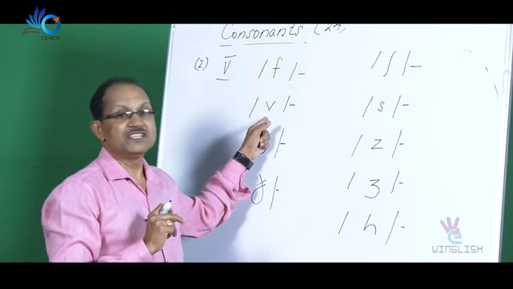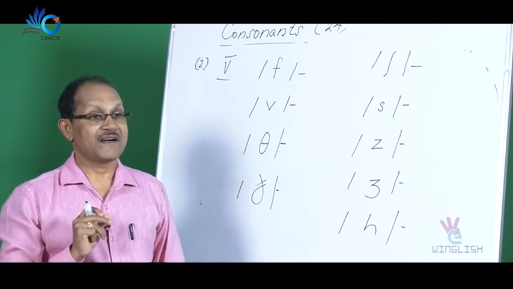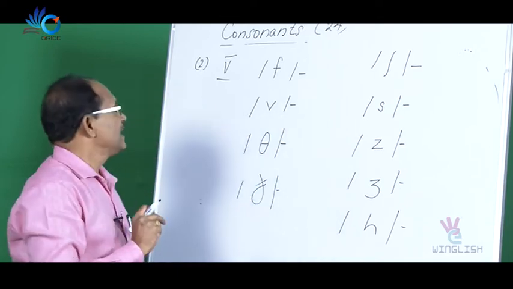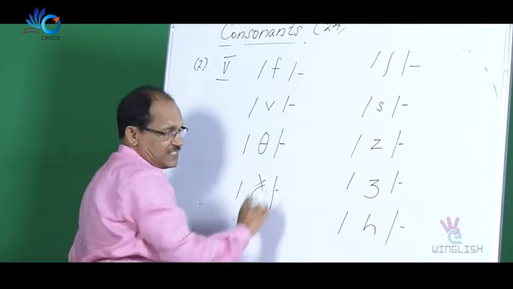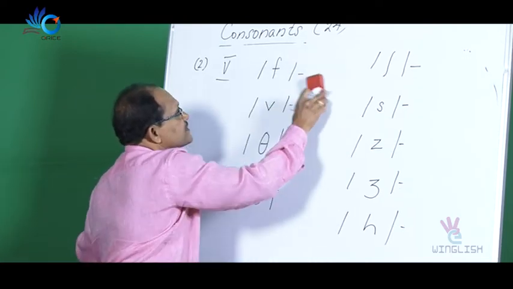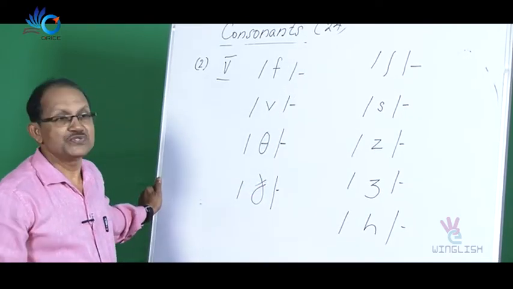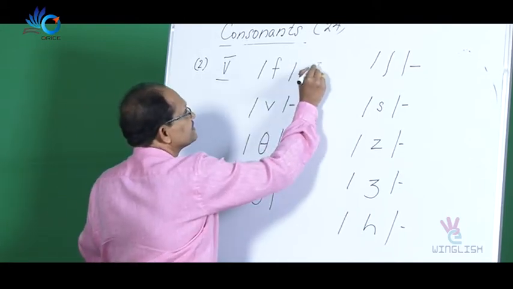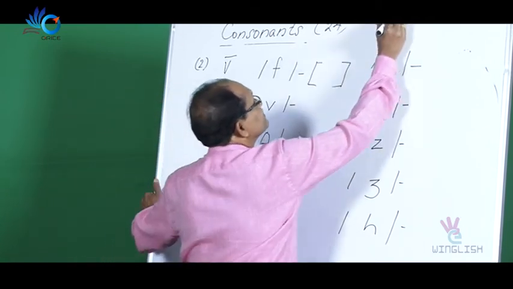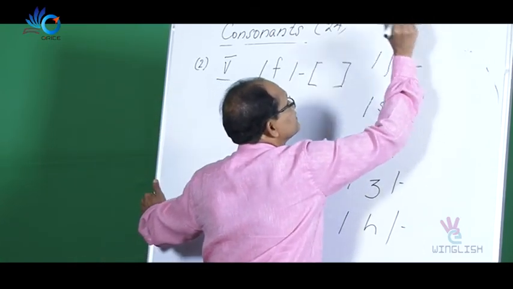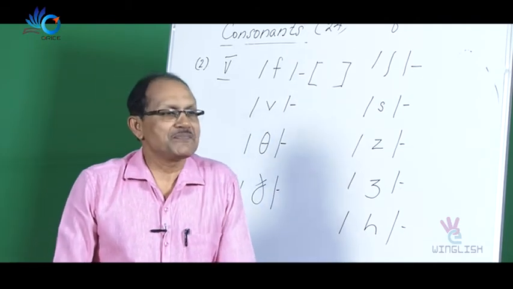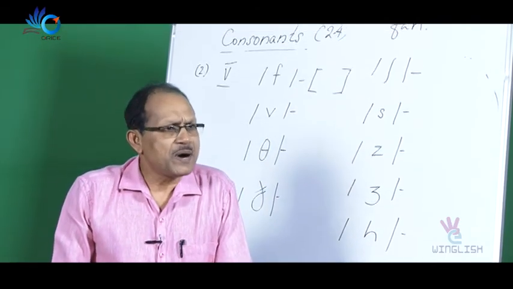And so is the case with this sound V. Got it? Now the question is, do we have corresponding sounds in Malayalam for these two sounds? How do we say this word in Malayalam? Phan.